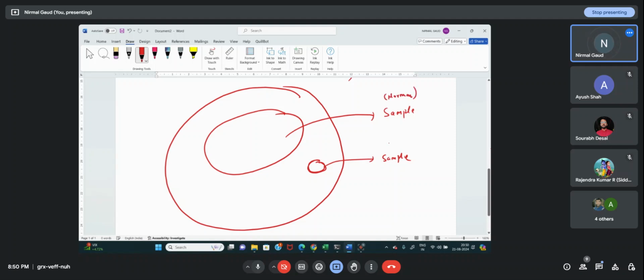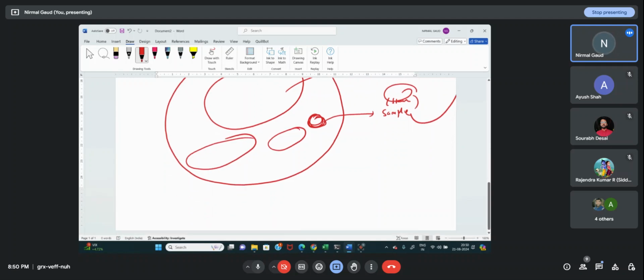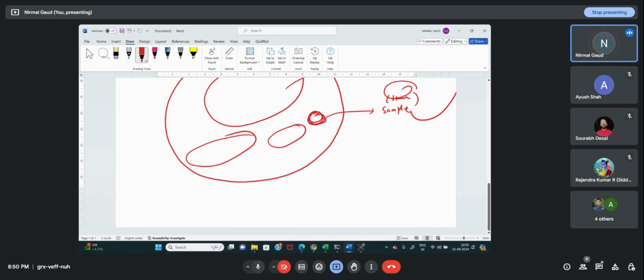Normal. This is a student t. But if the size of this sample increases, student t will automatically turn into normal distribution. Okay, that's what the math says. If the dimension increases, student t will turn into normal distribution. This is an important thing which you have to remember.